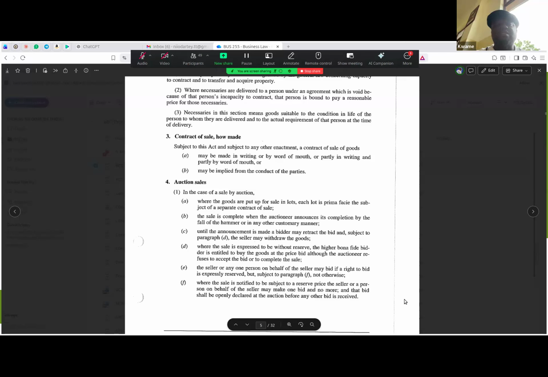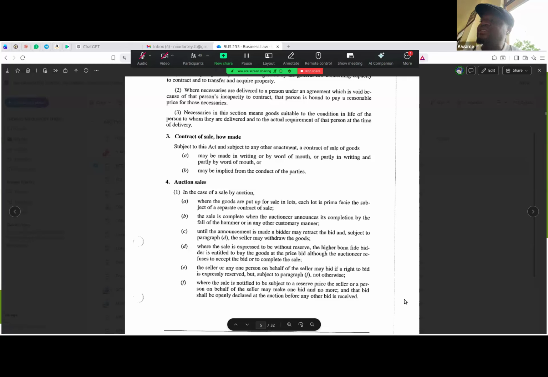Or it can also be implied. Implied means that there are products or goods whereby you buy one, it is implied that the other goes. So let's assume that when you were buying a phone, you buy the phone, and then the charger, which also goes with the phone.